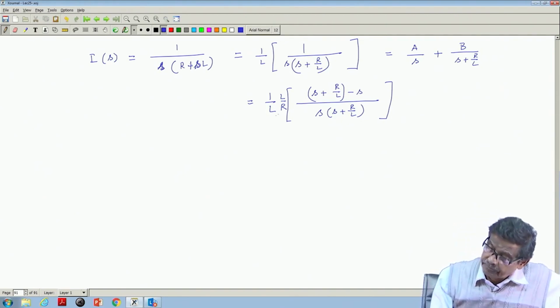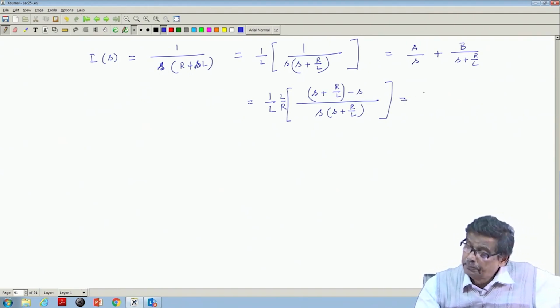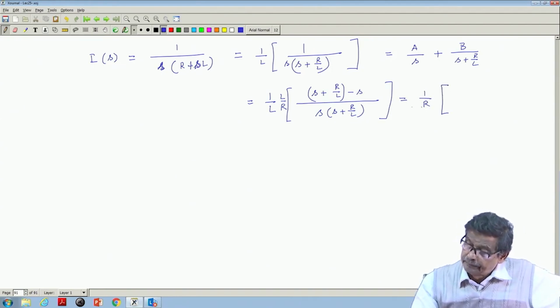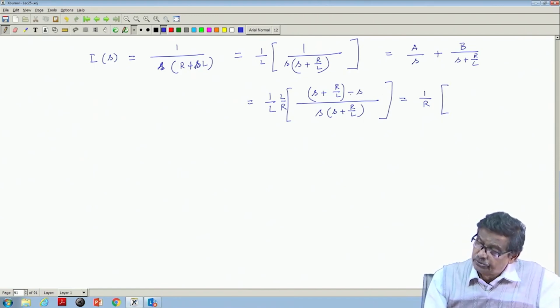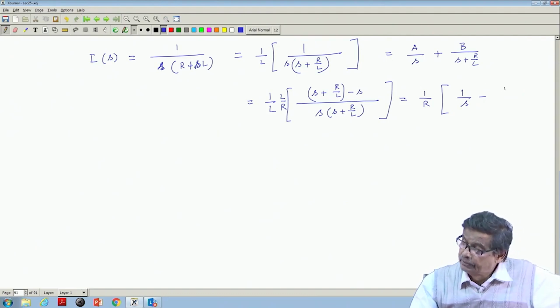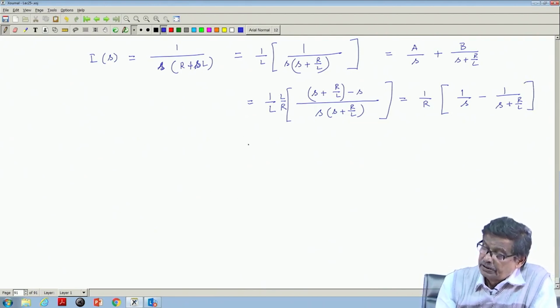Therefore, this will simply become equal to 1 by R into this thing. So, you separate these two terms. So, it will become 1 by S minus, S goes, and it will be S plus R by L. Got the point.